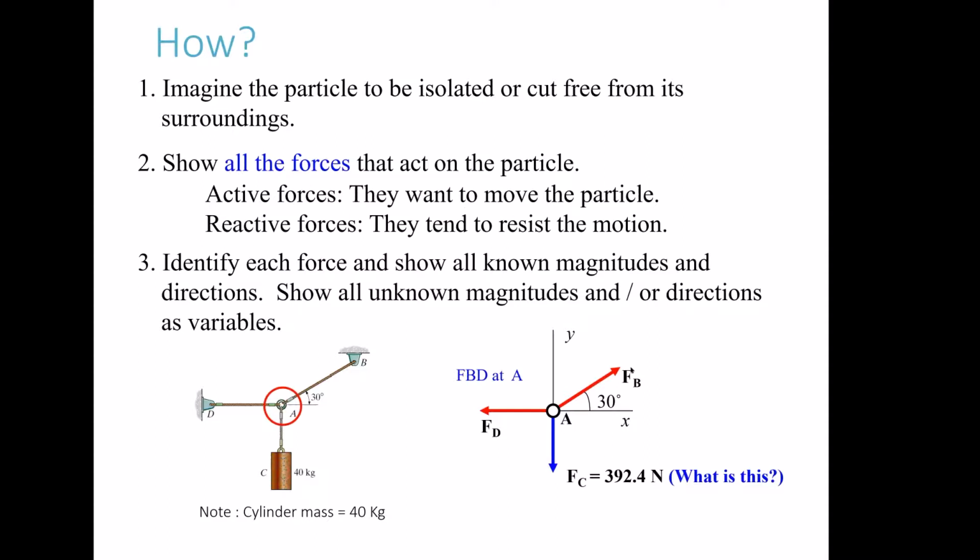These forces are trying to pull it. So here's the free body diagram. And this part here is just the force acting down, 392, which would be 9.81 times this mass.